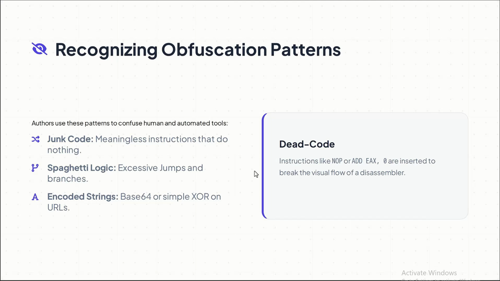This junk code actually affects the visual graph flow in reverse engineering tools like IDA, Ghidra, and Binary Ninja. But as a security analyst, you have to know that junk code, encoded strings, and spaghetti logic can be used for recognizing obfuscation patterns during reverse engineering processes.